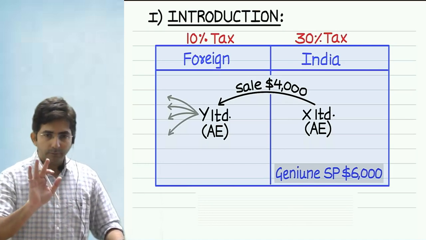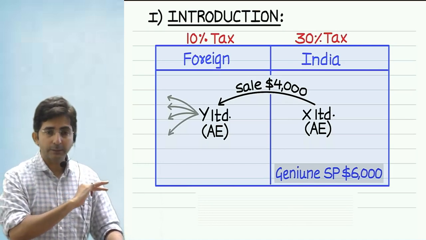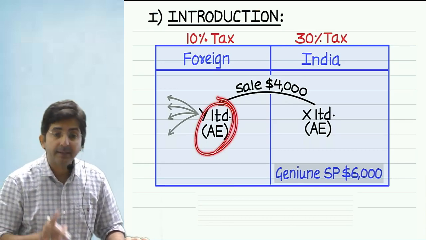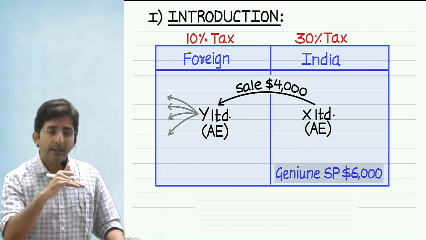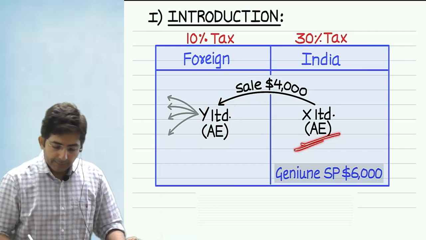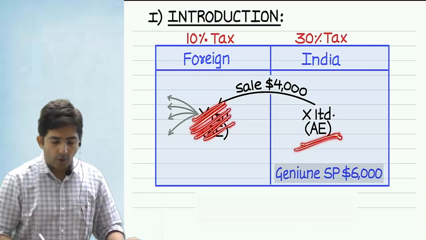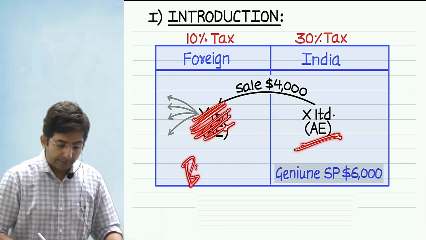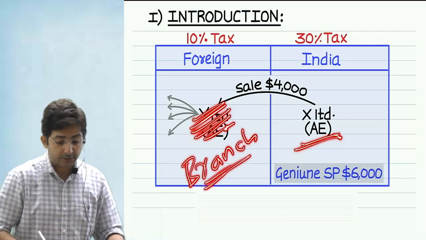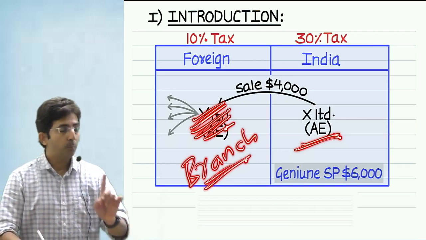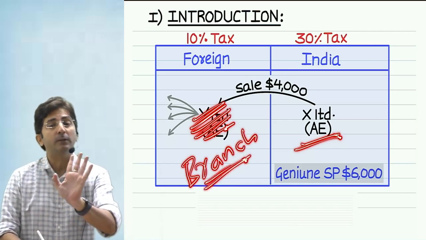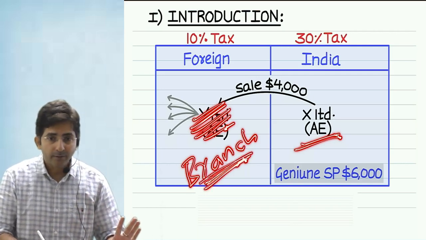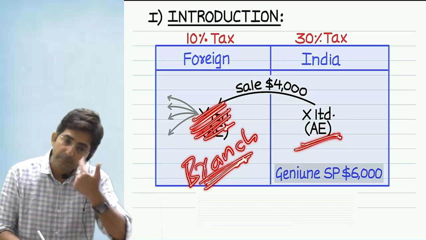You know, this cheating I was explaining works only if you have a separate entity. Let us explore it like this. If X Limited wouldn't have formed a separate entity Y Limited, it would have kept a branch over there. A branch can never take the form of a separate entity. When it is a branch in a foreign country, the entity is X Limited only.